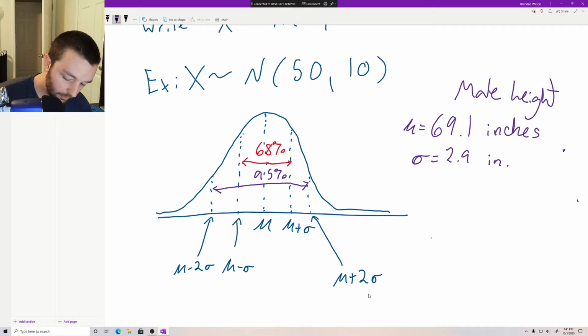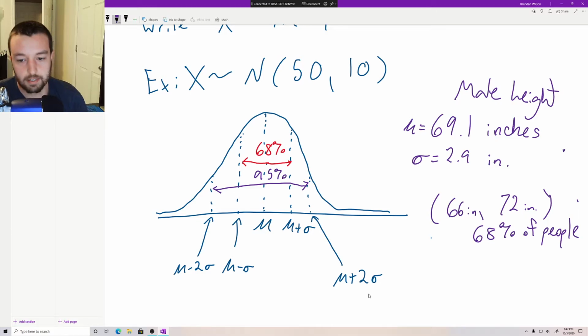So 6 foot, or 72 inches, and in the other direction, 66 inches. 68% of people fall here. 68% of males, I should say. 68% of males are between 66 and 72 inches. So that's 5'6" and 6 foot.